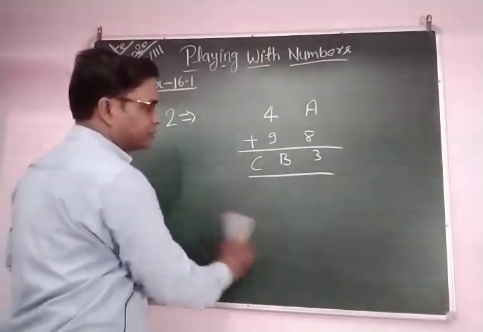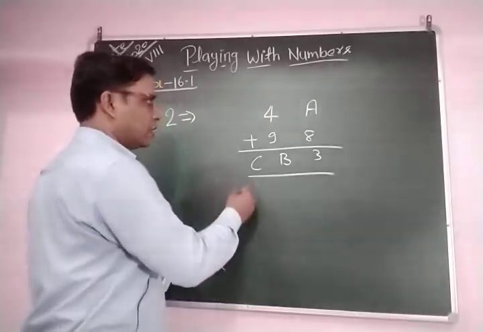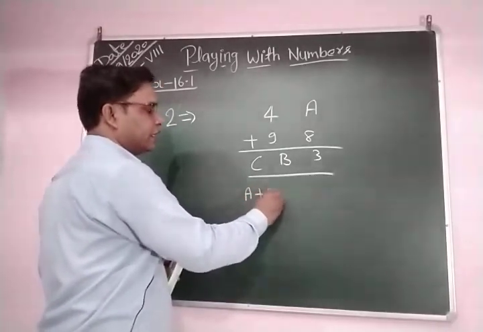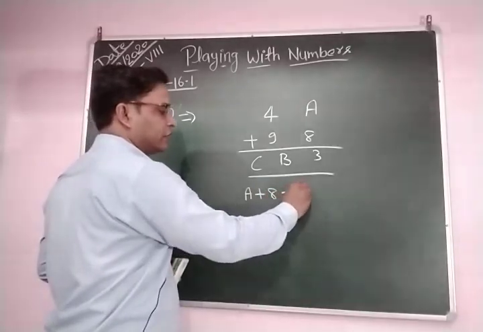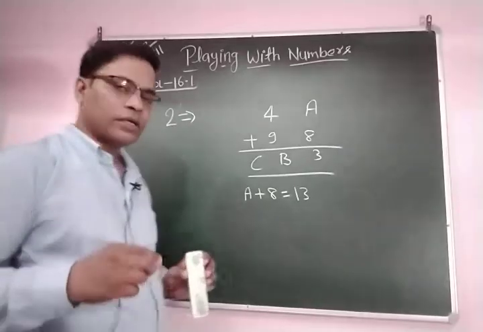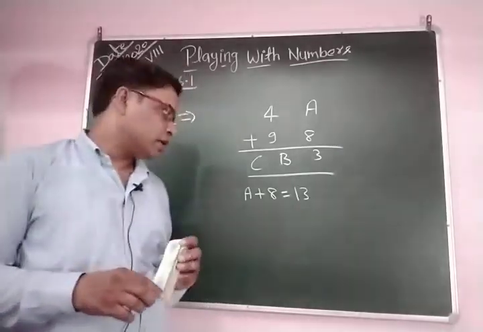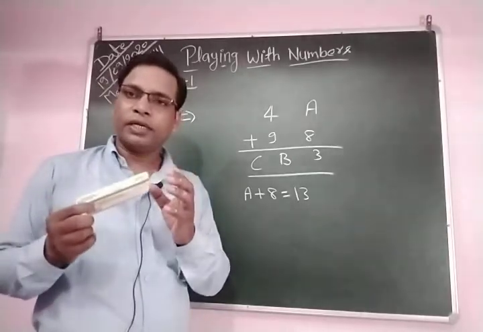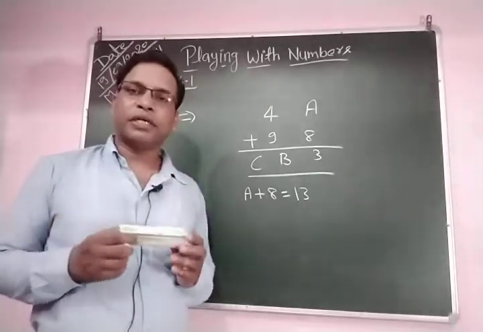we can write here A plus 8 is equal to, this is not 3, this is 13. Okay, so as you understood, what number do you add to 8 so that it becomes 13?